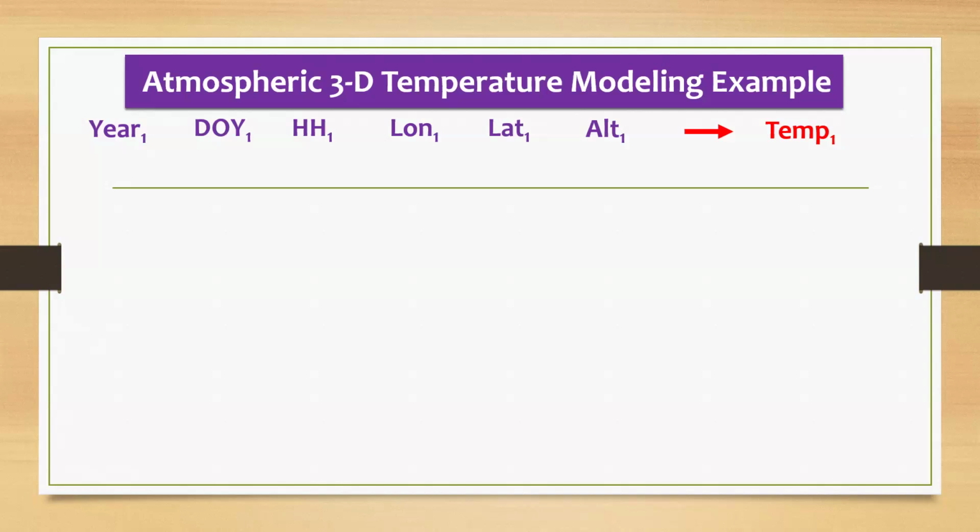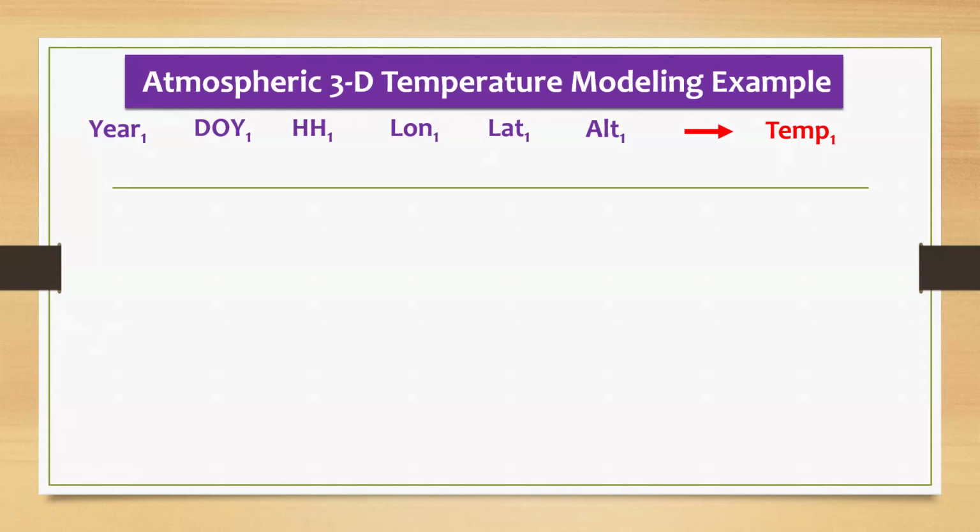So we have to tell it the year in which that data was acquired. We have to tell it the day of the year. The day of the year is relevant so that it knows the season. I think it helps the neural network to learn the seasonal variations, because the day of the year runs from 1 to 360-something, which relates to the seasons of the year. Then we also tell it the hour of each day, so it sees whether this temperature was measured at noon or in the evening.